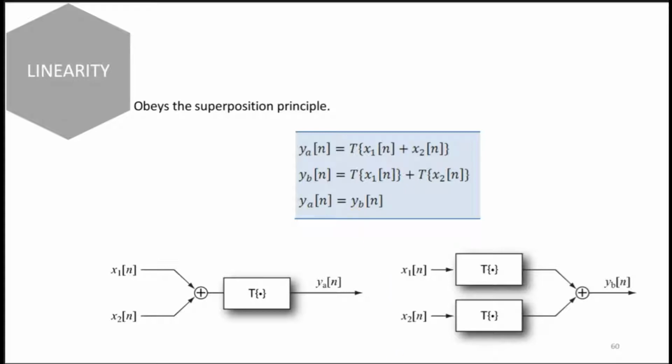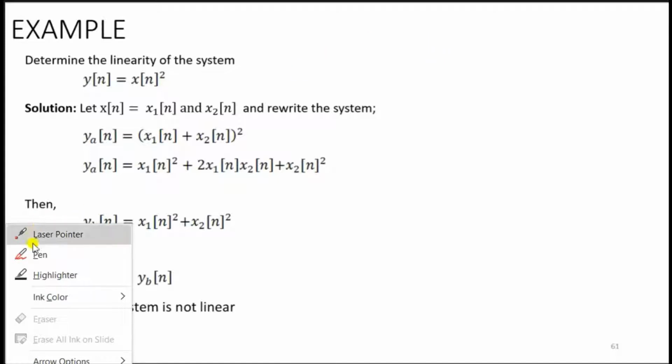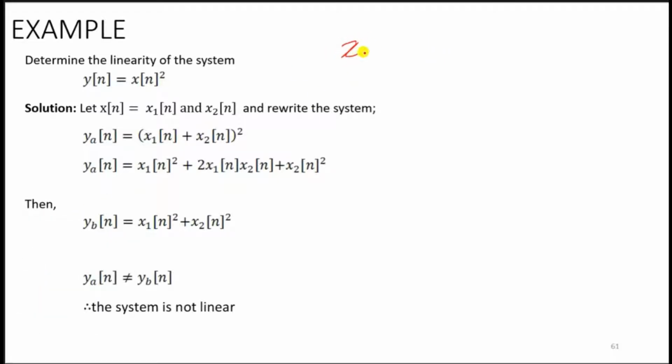Let's look at an example. You are given a system y[n] = x[n]^2. Now you have to write x[n] as a summation of two different inputs, x1[n] plus x2[n], so x[n] = x1[n] + x2[n].